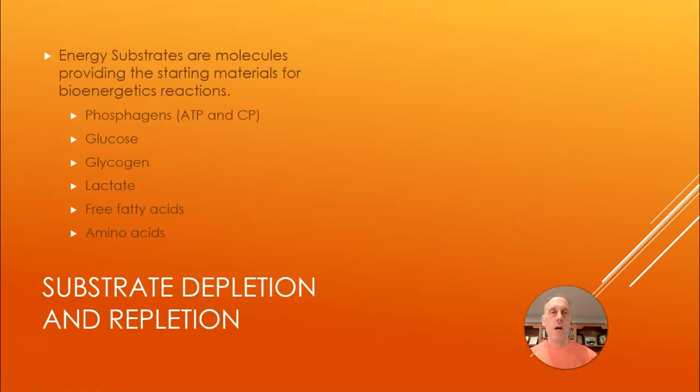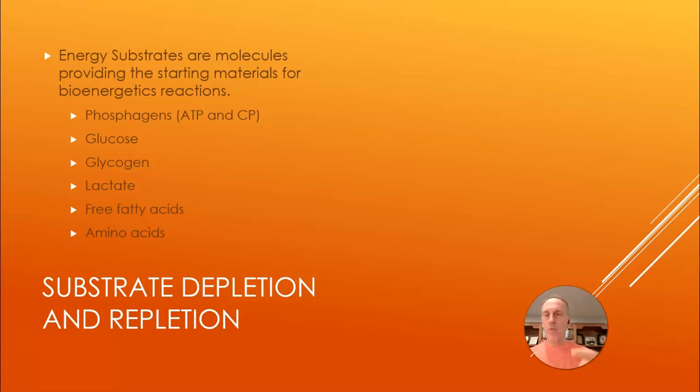So substrates are the molecules providing the starting materials for reactions. We've talked about phosphagens, glucose, glycogen in the blood and the muscle, lactate, free fatty acids, and amino acids. If we look at this broad-based, we had the phosphagen system, then the glycolysis system. You had a byproduct that was lactate, and that was determined by whether pyruvate could go into the Krebs cycle or not.